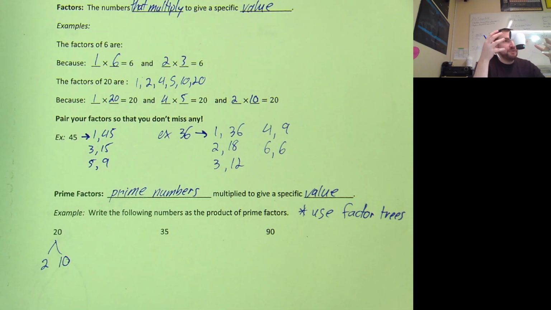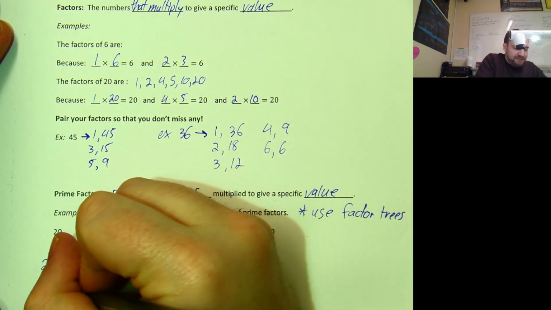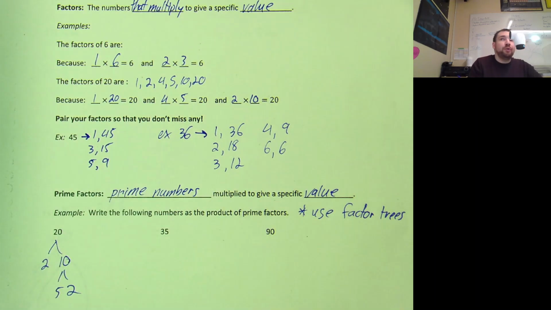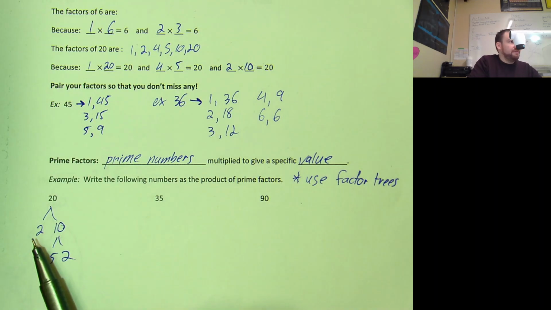The rest of the procedure falls out the same way. 2 times 10 is 20. 10 is 5 times 2. And I've got my primes. How do I know when I've got my prime factors? Yes, when I can't break it up any further. Nothing times something else is 2, and nothing times something else is 5, other than 1 and itself, like 1 and 5 or 1 and 2.